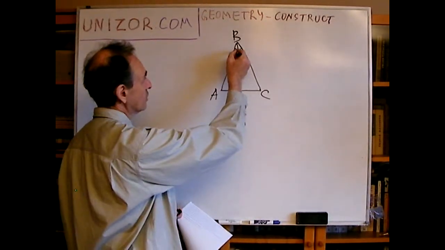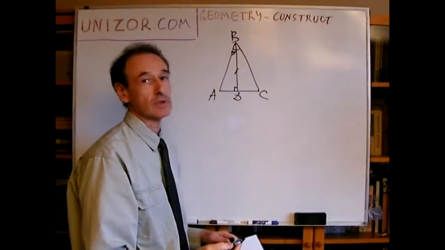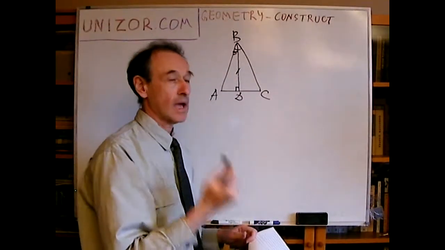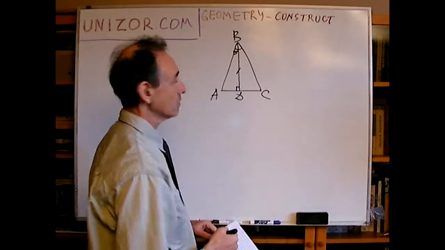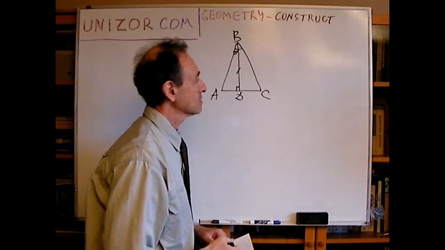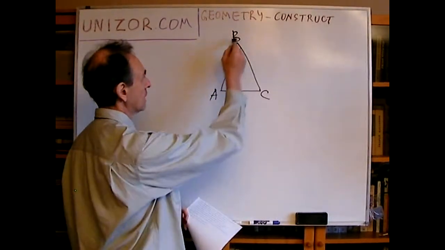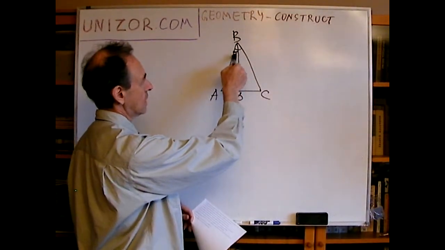And we actually know this angle because it's half of the angle which is given. Now, angle ABC is given, so half of this angle I can consider as basically almost given. I can construct it. So how do I proceed now? I can construct ABD knowing the leg and the angle.